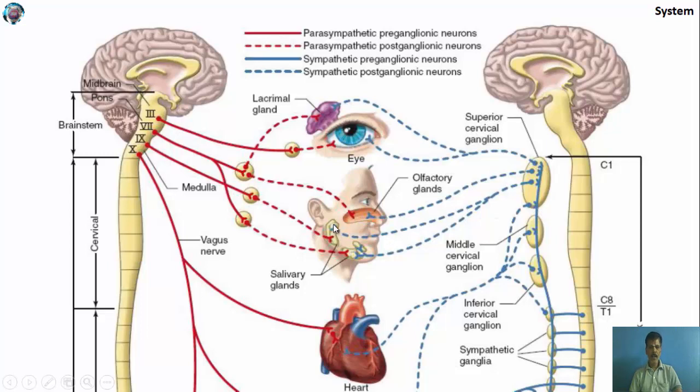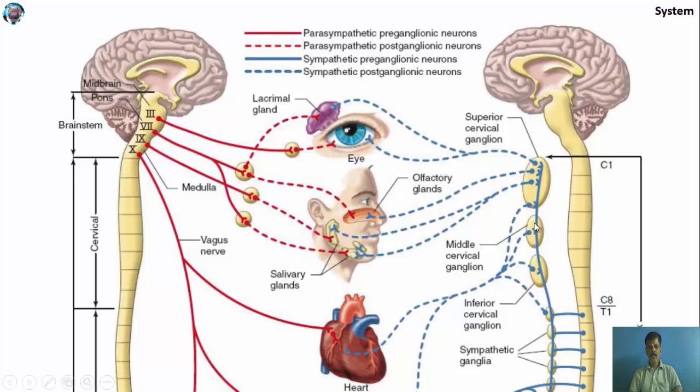Then it also provides a nerve to the salivary gland. Which one? This is from the sympathetic preganglionic neurons of the cervical region. So 1, 2, 3. The 3 cervical segments will have the ganglion that provides the nerve to the lacrimal gland, eye, olfactory glands, and salivary glands.